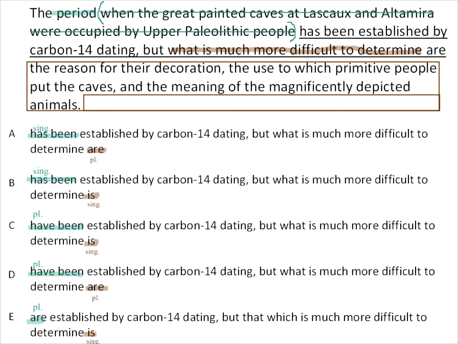Okay, this is a list. This list is indivisible. This list must be treated as one piece. So it's impossible for just the reason to be the subject of anything. You can't treat the reason by itself as a subject.